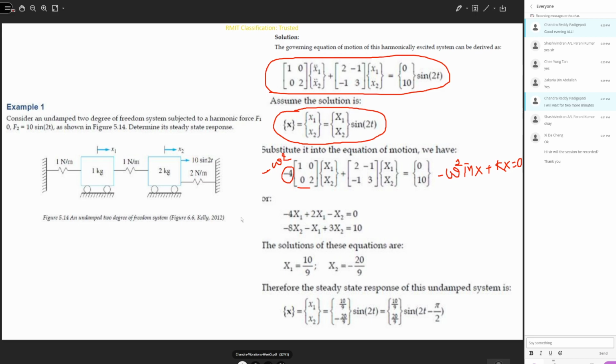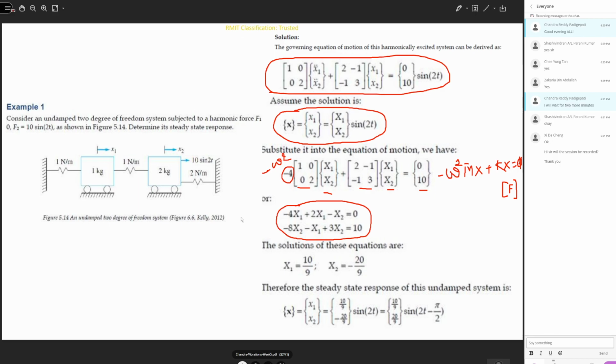So the mass matrix multiplied by x, then the stiffness matrix multiplied by x is equal to, instead of 0, now we have the magnitude of the force. So we need to write this as the force matrix. Now if you expand this, you will get two simultaneous equations.